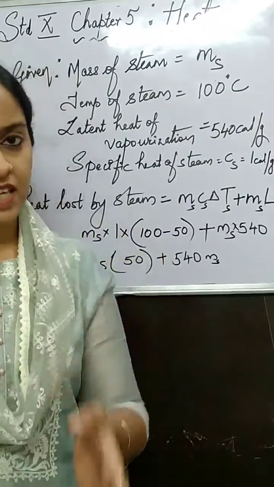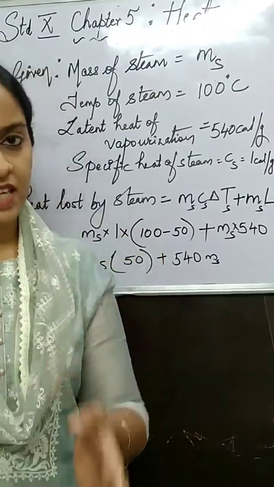When ice comes, obviously the temperature is going to decrease. So bigger number 30 minus T. We don't know that temperature, that temperature is the question. So 30 minus T.